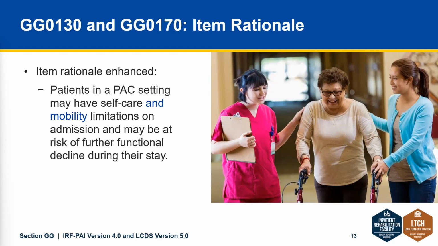For example, we can see that the item rationale has been enhanced with the addition of this language in blue text to include mobility limitations, making it now relevant to both GG 0130 self-care and GG 0170 mobility.